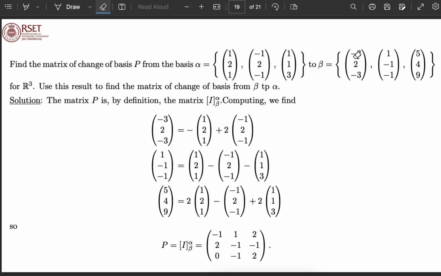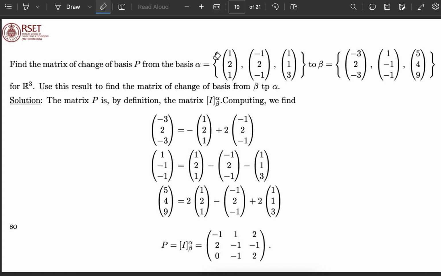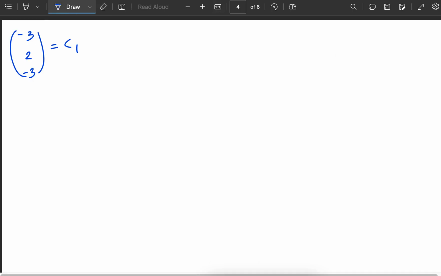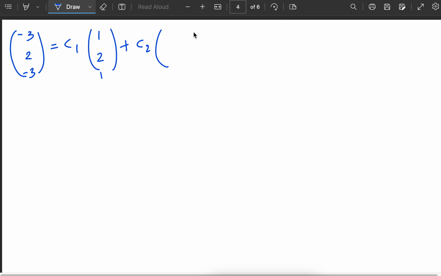So here (-3, 2, -3). Write this vector first as a linear combination of the vectors of alpha, that is C1 into (1, 2, 1) plus C2 into (-1, 2, -1) plus C3 into (1, 1, 3).